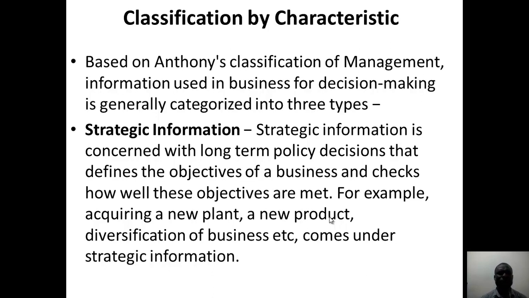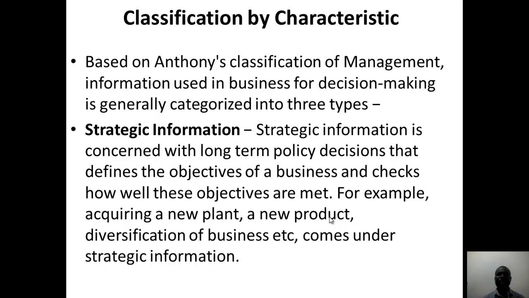When we say classification by characteristics, it's based on Anthony's classification of management. That is information used in business for decision making is generally categorized into, first, strategic information. When we say strategic information, it's concerned with a long-term policy decision that defines the objective of a business and checks how well these objectives are met. For instance, acquiring a new plant, a new product, diversification of business, etc., comes under strategic information.